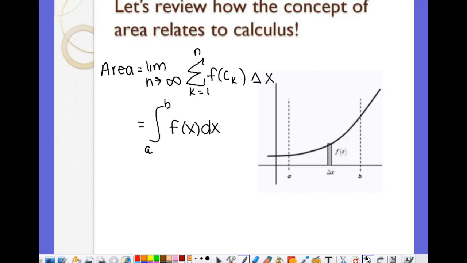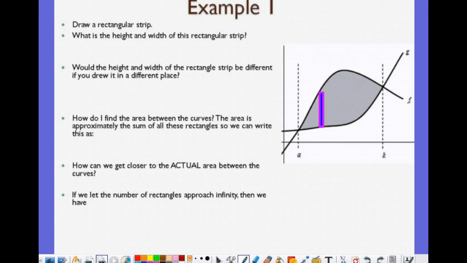So what I want to do is expand that idea to a different type of function. So now I have curve f and I have curve g. And I want to find this shaded region within here. My lower rectangle I drew, but it doesn't erase whenever I draw it with boxes.